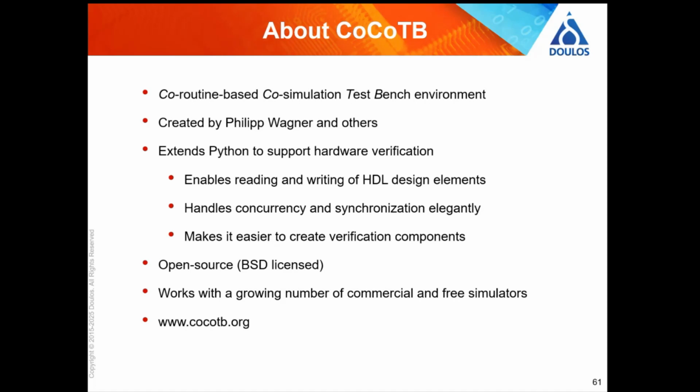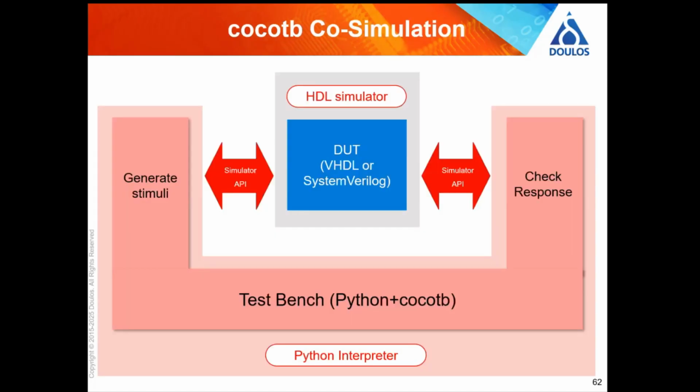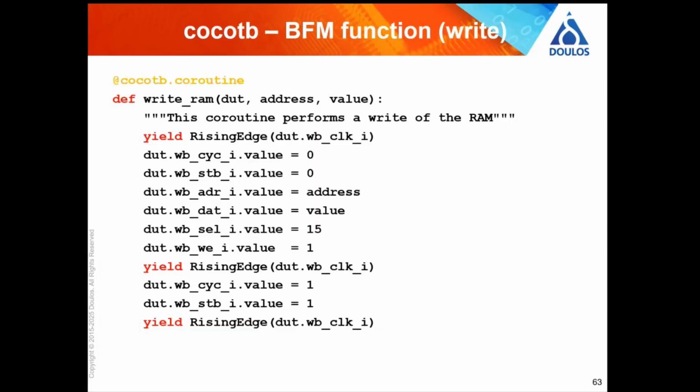And we are just developing a Cocotb course as well. So here is exactly the same thing, except that the test bench is now written in Python rather than in VHDL or SystemVerilog, though the DUT itself has to be in some kind of hardware description language. And here is a write function written in Python.